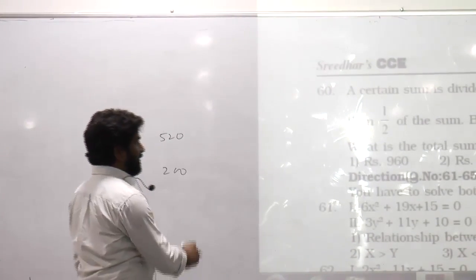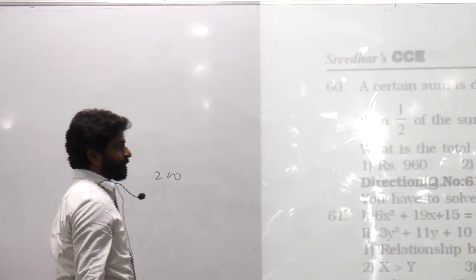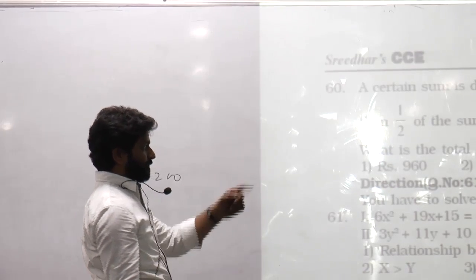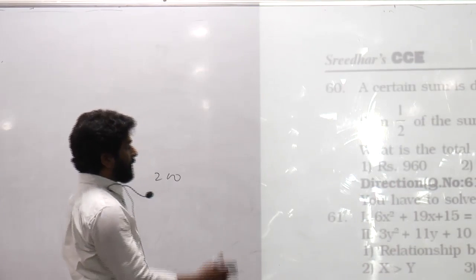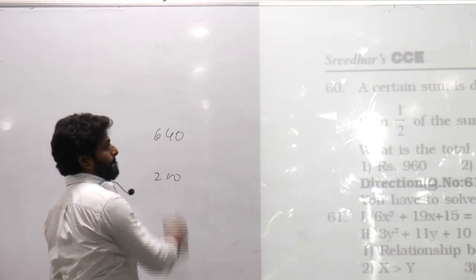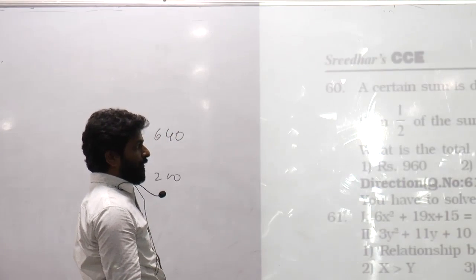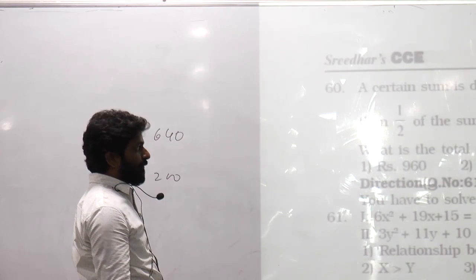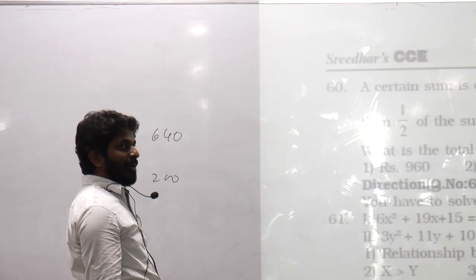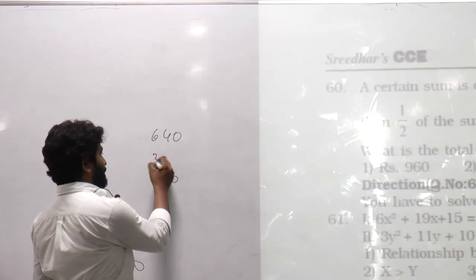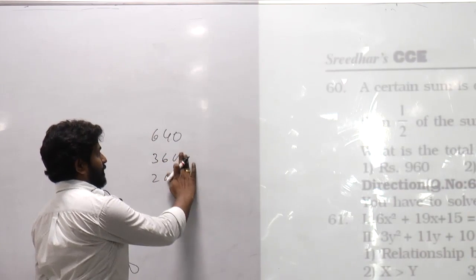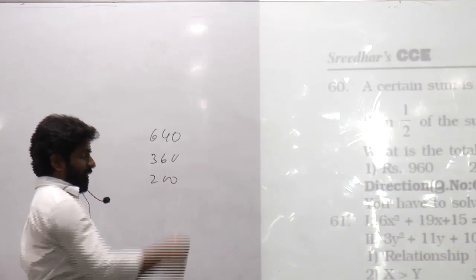First option cancelled. Half, 600, 40, 640. 150, 450, 120 less, 360. Third option answer.